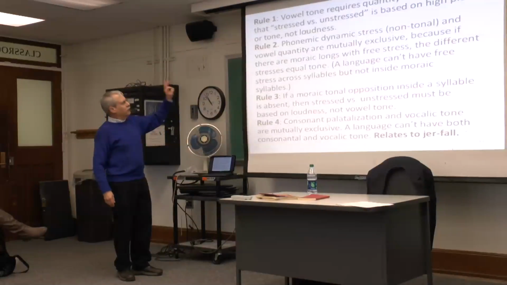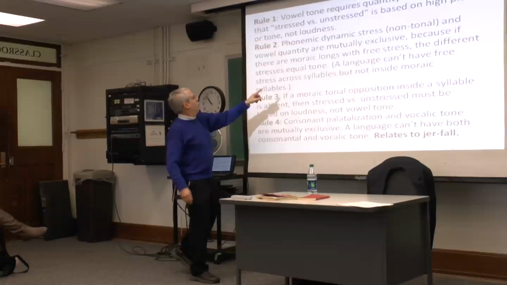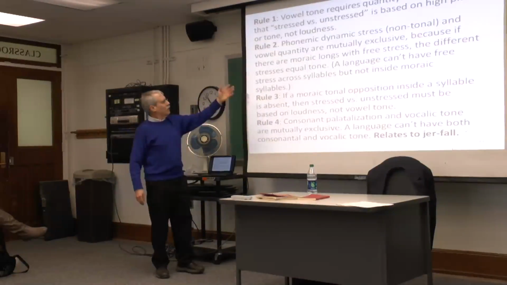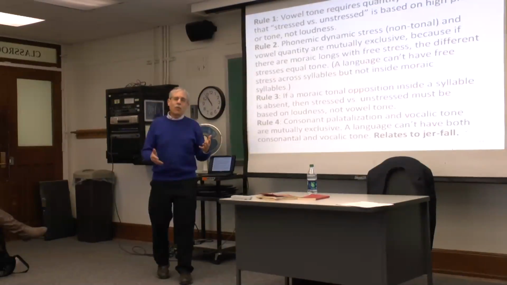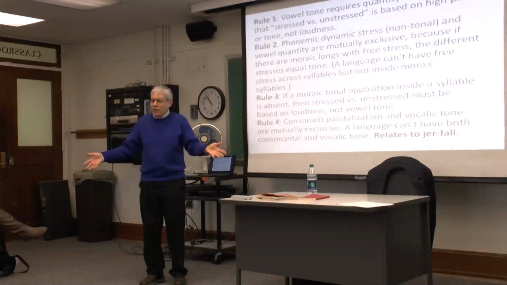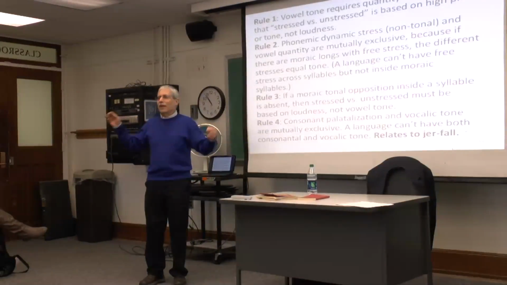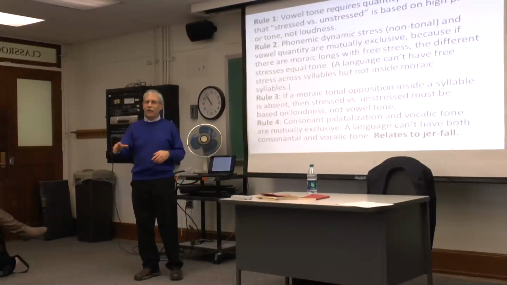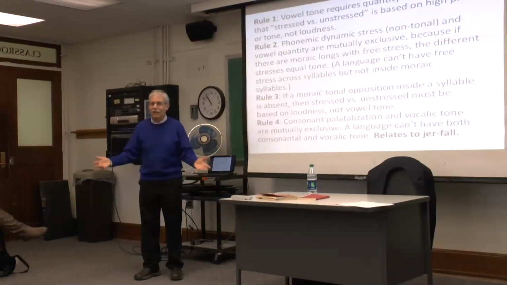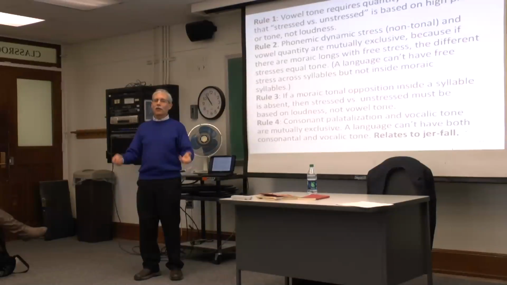According to Jakobson, at least for the purposes of reading this book, a language can't have free stress across syllables and also have long and shorts. You'd ask, where did Jakobson ever get these things? How did he find out? That's the secret. He actually started out inductively by looking at what the Slavic languages are doing. For example, Czech and Slovak have fixed stress only on the first syllable.